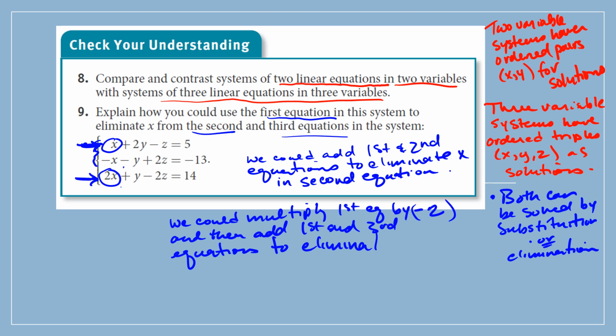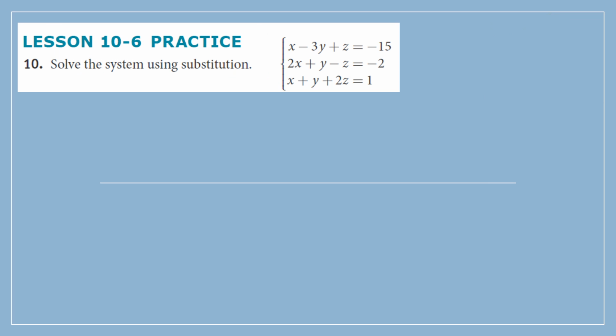So the idea when you get started is you want to get rid of one variable. We chose x here. So that would eliminate x from the third equation. Then we'd have a resulting equation from these two and a resulting equation from these two that only had y and z in them, and we could take it from there, solve it like a system of two equations in two variables.